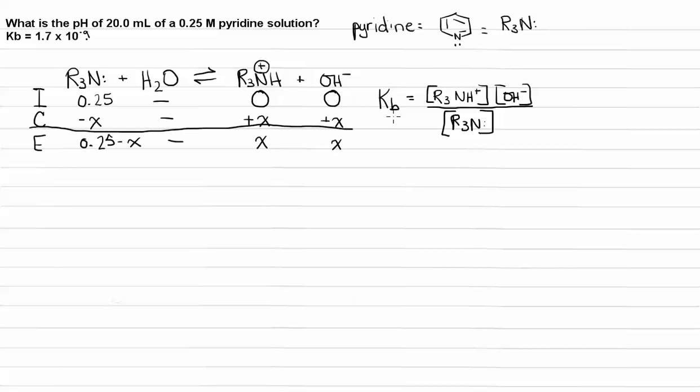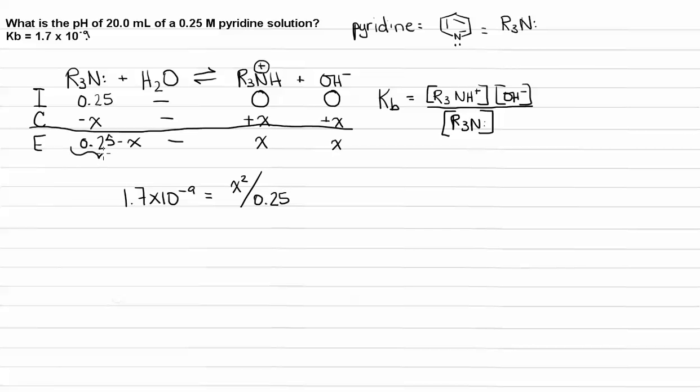So now we're ready to start plugging things into this KB expression to solve for x, which will give us our concentration of hydroxide. So KB is 1.7 times 10 to the minus 9th. That'll be equal to x squared divided by 0.25. We're making an assumption here.